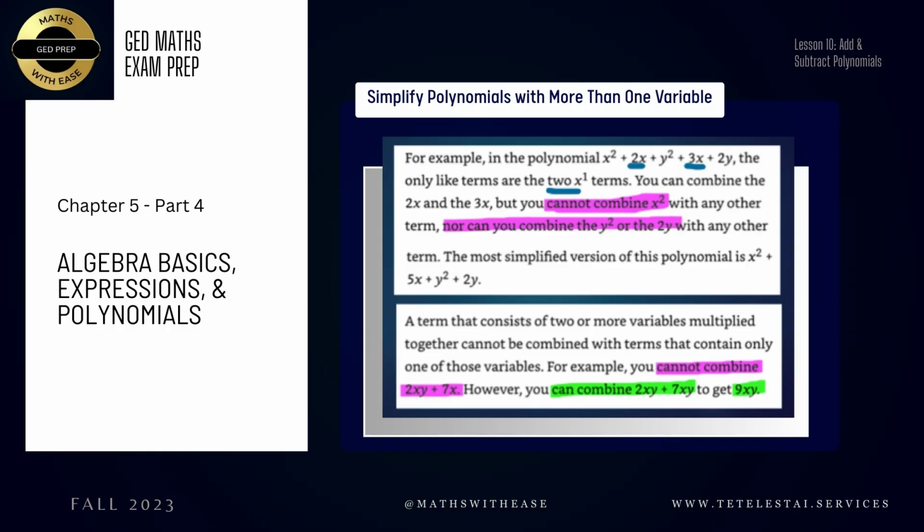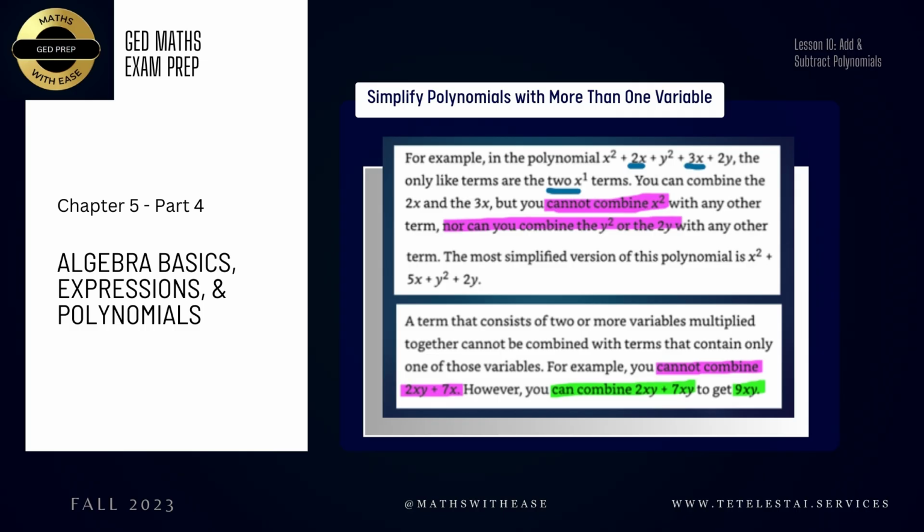And then we go to our next set of terms. We group the y's together. We have y squared, the greatest power, plus 2y, okay? This would be the simplest version of this initial polynomial. You can't add or do anything further with this final version, okay?